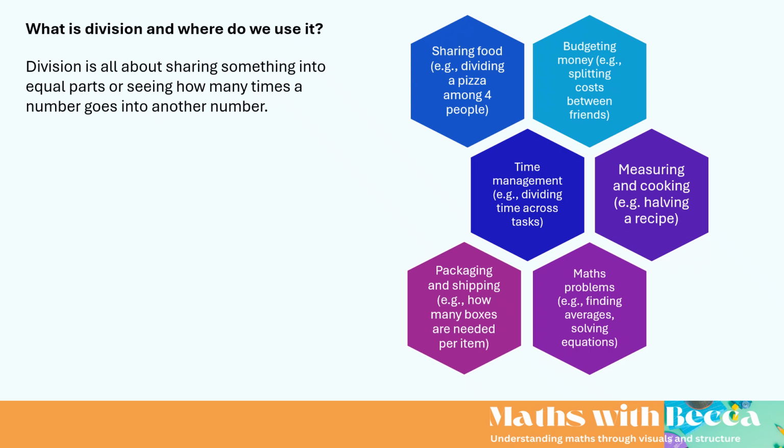Time management, so splitting time across tasks. Measuring and cooking, another really common one. Packaging and shipping, so dividing things into boxes, working out how many boxes you'll need. And then, of course, the problems that you'll come across if you're studying for a maths qualification.